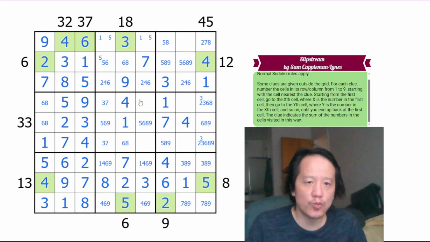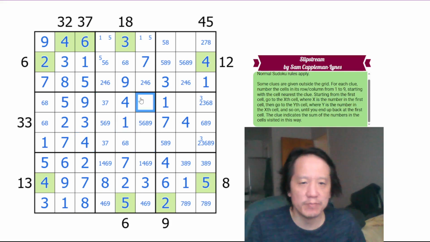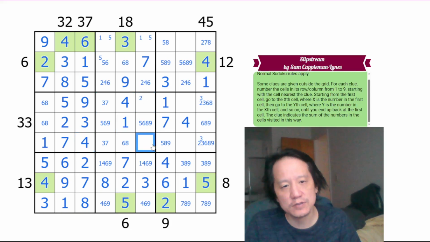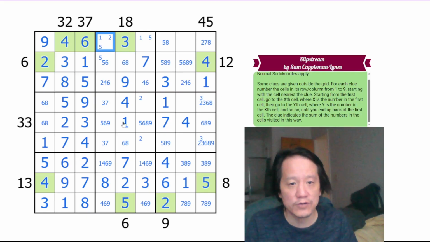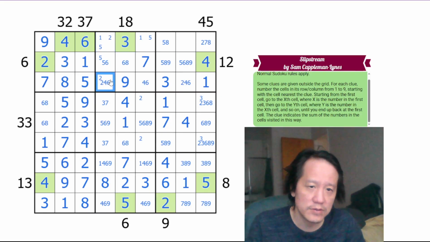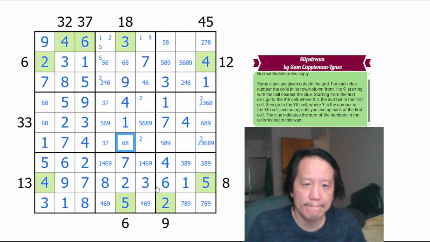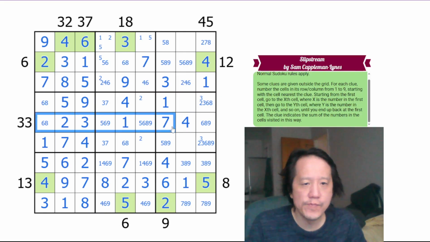That means, where is the 2 in box 5? It must be one of these two cells, because this is a 3-7 pair here. So this is 2, which means this cannot be 2 here or here. One of these two must be a 2 here. 5 has to be one of these two digits, so it's either from 4 or from 6.